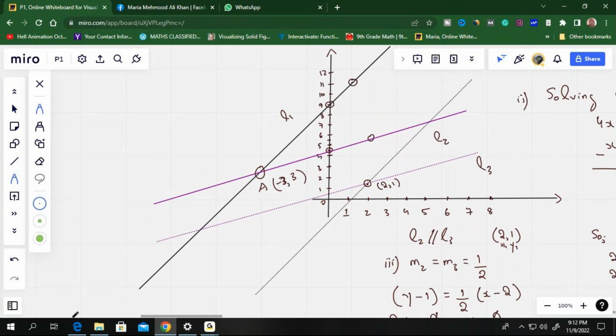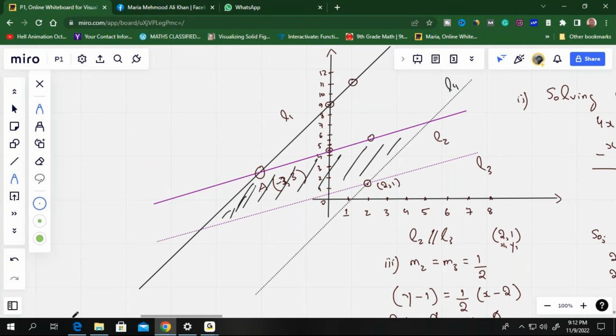This is my L4. So the intersection of L3 and L4 is giving you this 2, 1, and this is your beautiful parallelogram. So that's the story going on.